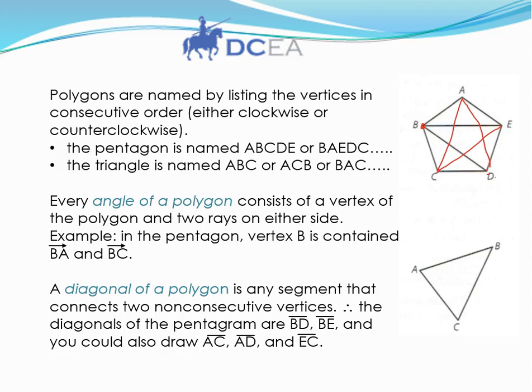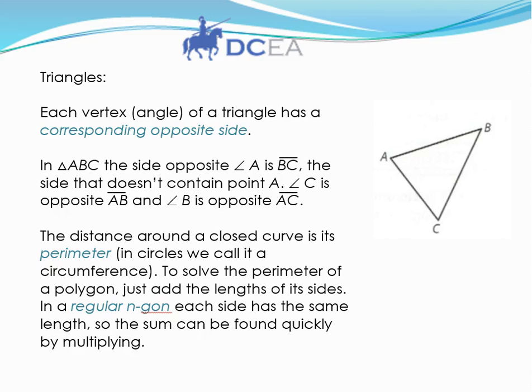The triangle has no diagonals. It only has sides. Each vertex or angle of a triangle has a corresponding opposite side. In triangle ABC, the opposite side of angle A is BC.